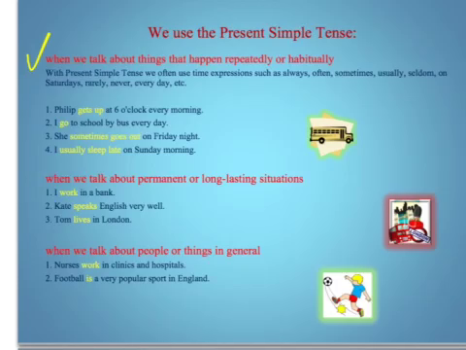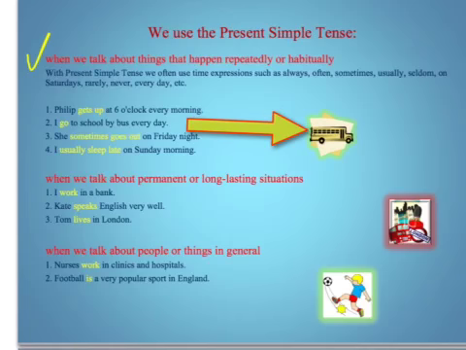For example, with present simple tense we often use time expressions such as always, often, sometimes, usually, seldom, on Saturdays, rarely, never, every day, etc. You can see a few examples as well. For example, here is a sentence. I go to school by bus every day.